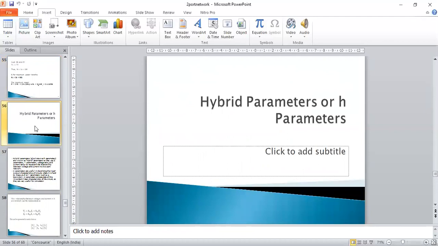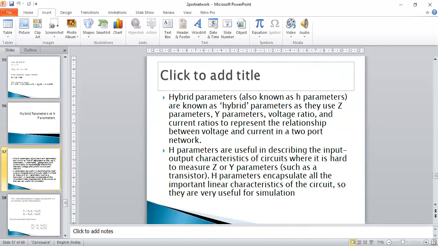Now the next topic is the hybrid parameter, which we can also call the H parameter of the network. It is very much used in the field of electronics, especially for modeling the transistor. So its main application is in the electronics field.